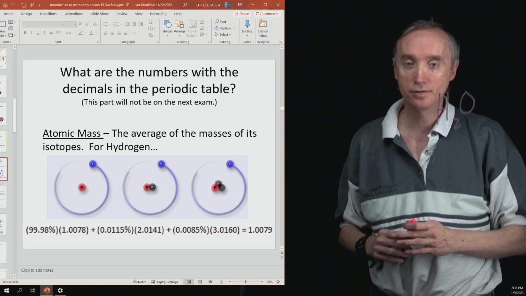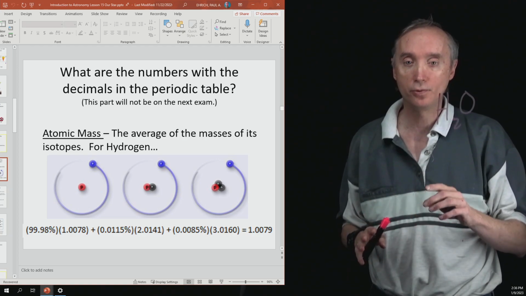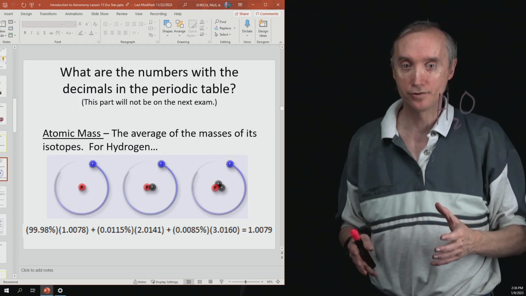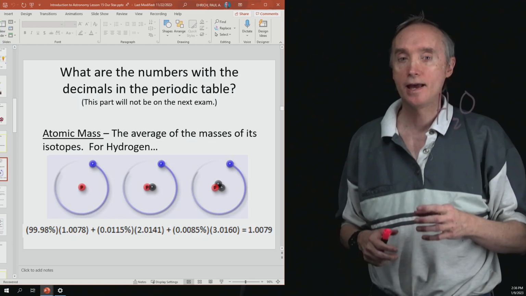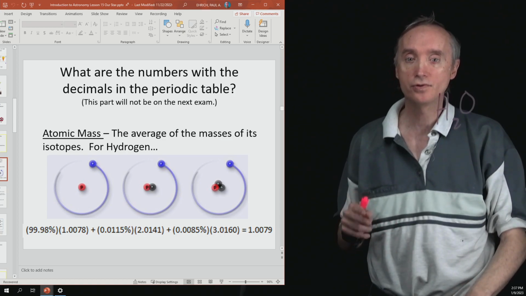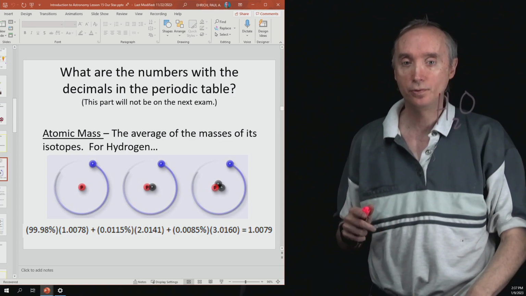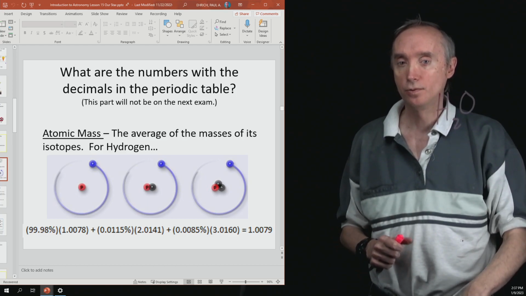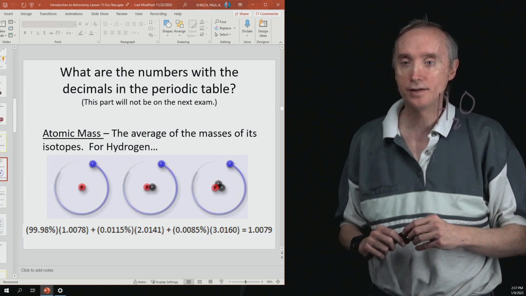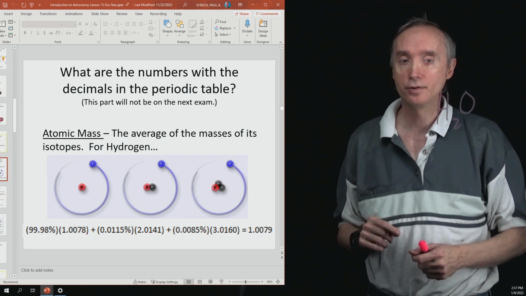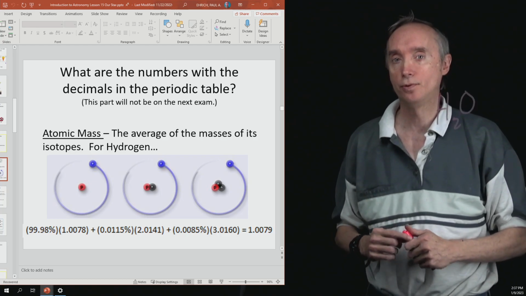The deuteriums are more rare, so 0.0115% of hydrogens are going to be deuterium. And there's 2 of them though. And so it turns out that the mass of those 2 things in the nucleus is 2.0141 atomic mass units. And then the third one there, that's the tritium. So when we average all of those different isotopes together, you get 1.0079, and that's the number in the periodic table that has the decimal point.